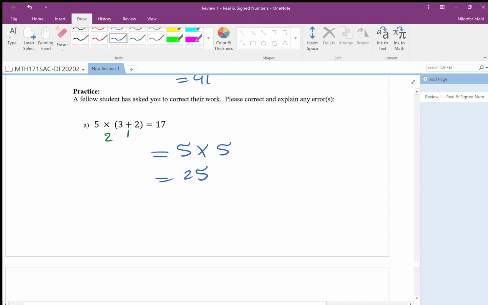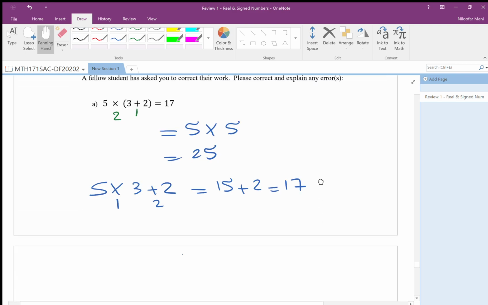No, the answer is not 17. So that's wrong. Now, what can I do in order to make the answer 17? Okay, if I do 5 times 3 plus 2, then it will be 1 and 2, and then it will be 15 plus 2, and then it will be 17. So I have to remove the bracket. But when I have the bracket, it is first.